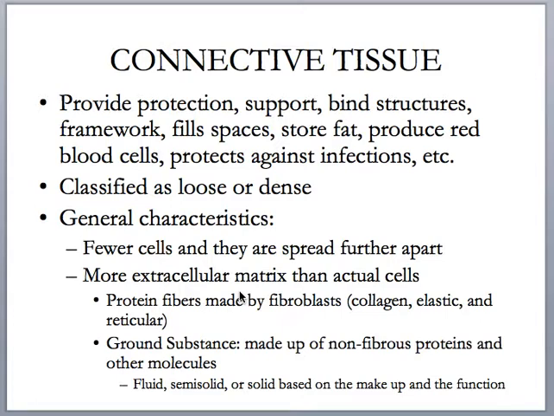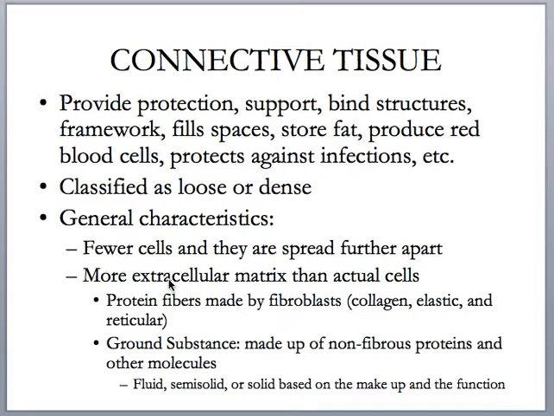Depending upon which connective tissue we're talking about, this extracellular matrix can be rigid like bone. It could be semi-rigid but still a little flexible like cartilage, or it could be liquid like in blood, right? So it will depend greatly upon which connective tissue we're talking about, but extracellular matrix is all of that stuff, the outside of the cells, but still part of the connective tissue.